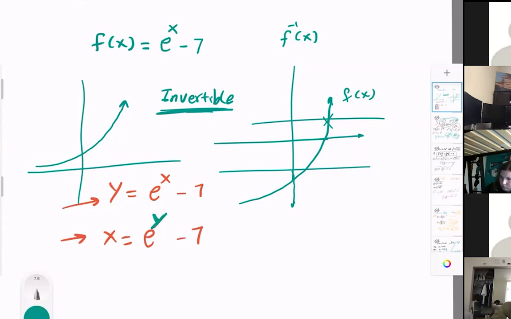Solving takes time. We are dealing with an exponential function. So I'm going to add 7 to both sides. It will be x plus 7 equal to e to power of y. How do I solve for y?